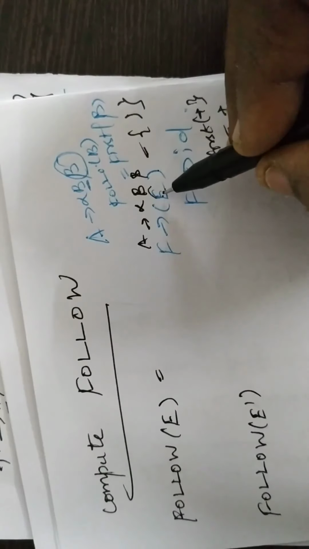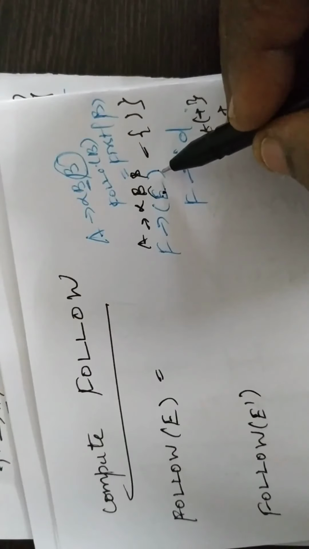So here, E is followed by the close bracket, so that should be in your follow of E.